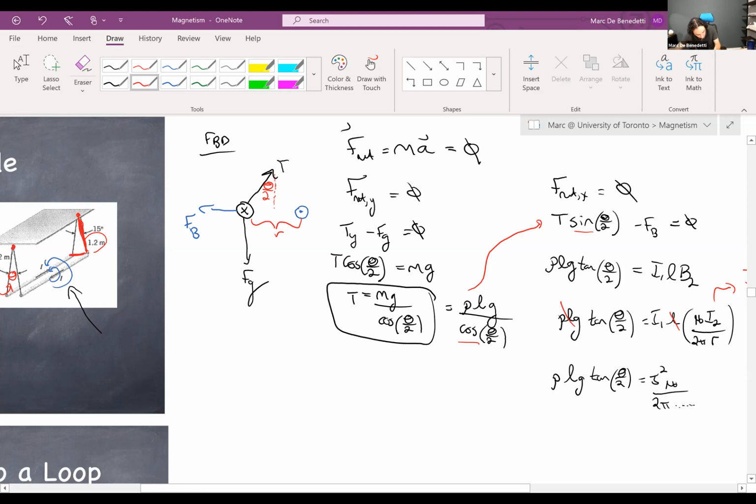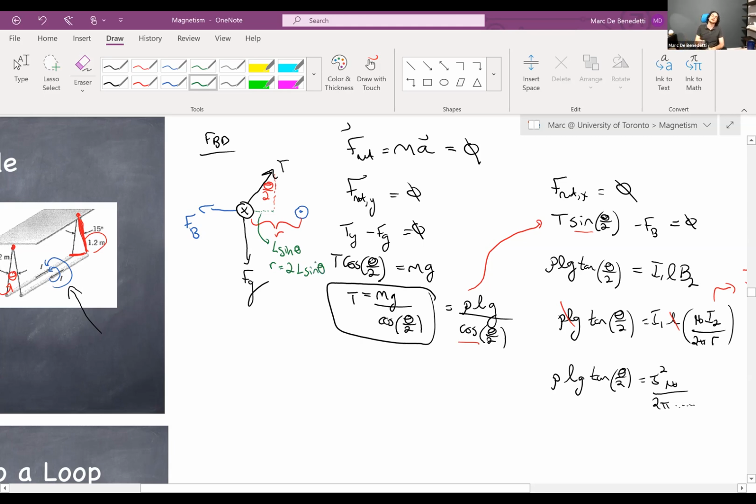So in this diagram here, we can calculate this distance. That's going to be half of the distance between the two wires. We can calculate this by saying L being 1.2 meters, L sine theta, and then R equals twice that distance, right?